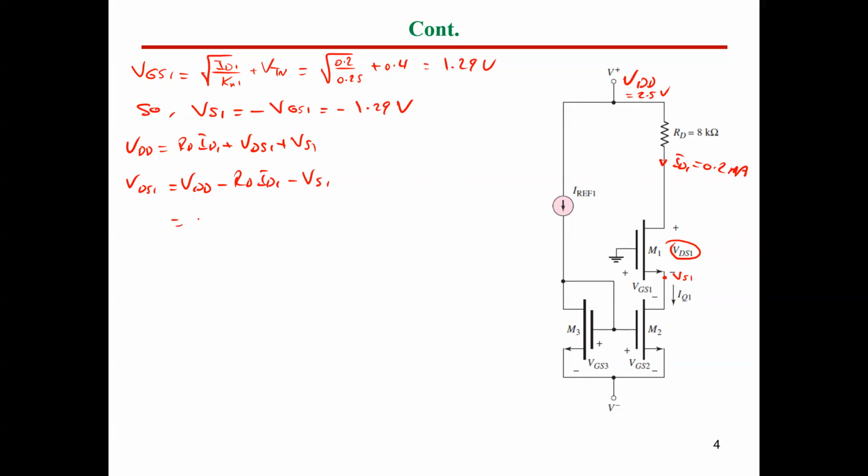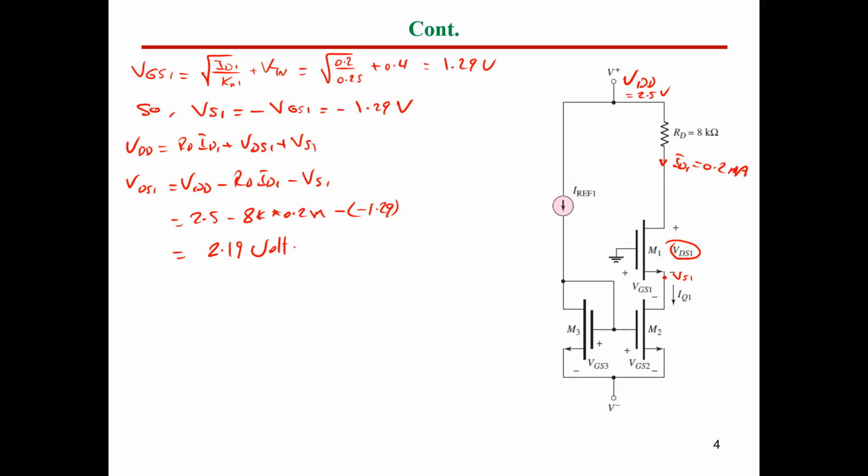Now let's substitute: VDS1 equals 2.5 volt minus RD, which is 8K, times ID, which is 0.2 milliampere, minus VS1, which is minus 1.29. So the value of VDS1 would be 2.19 volt.